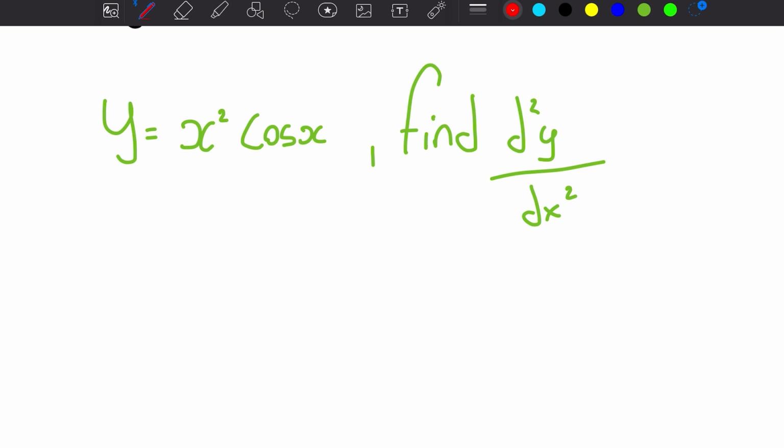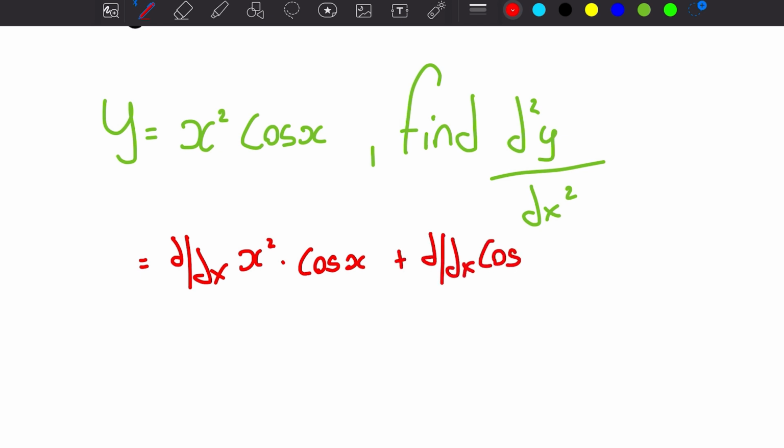So yeah, let's go. So to find the derivative of this, since they're being multiplied, we'll use the product rule: d by dx of x squared times cos x plus d by dx of cos x times x squared.